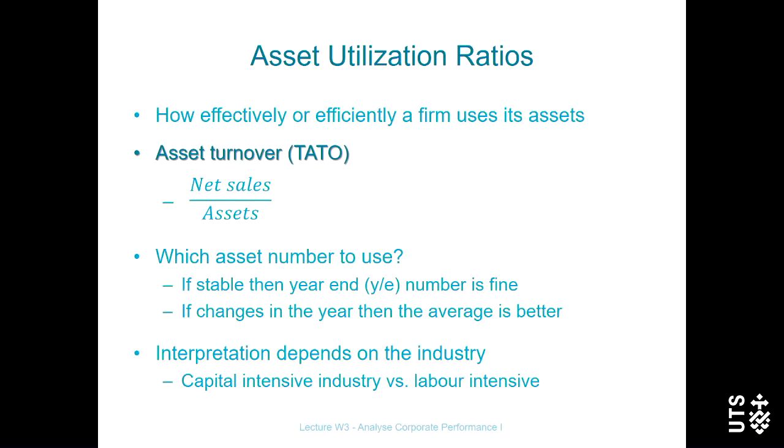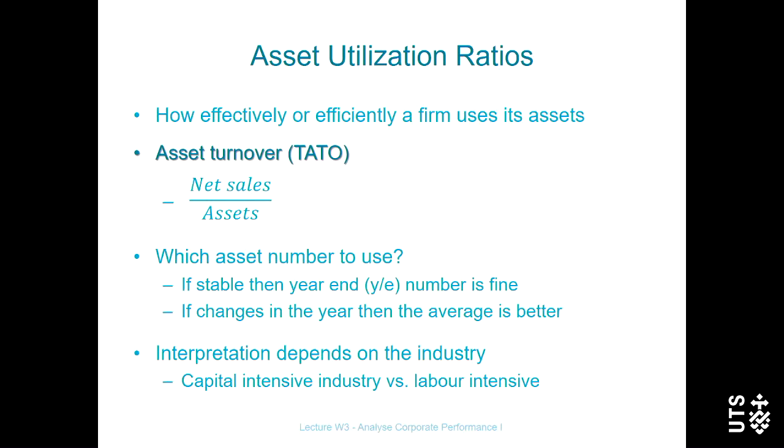When you're calculating this ratio, you have basically three main options with your assets. You can use assets at the beginning of the period, assets at the end of the period, or the average, right? That is this comment here. If they're stable, you can use year end.